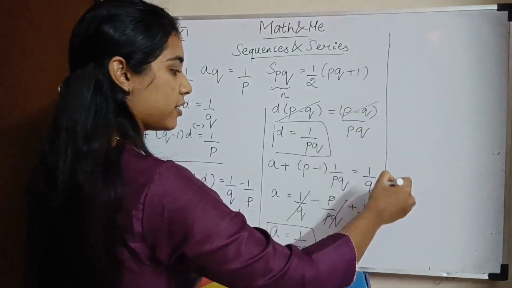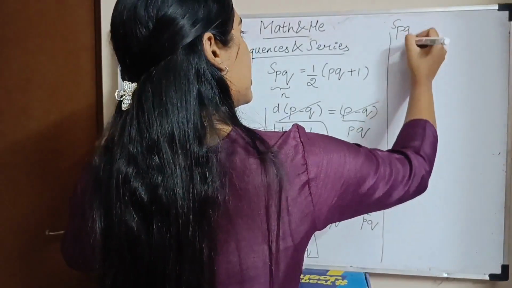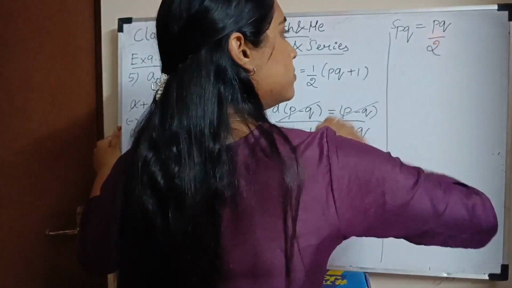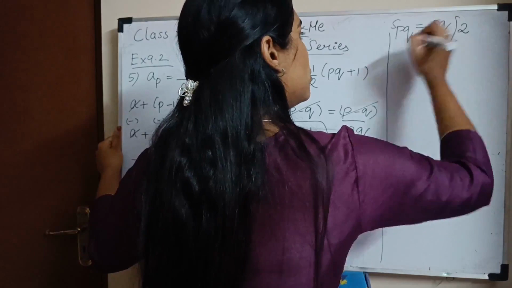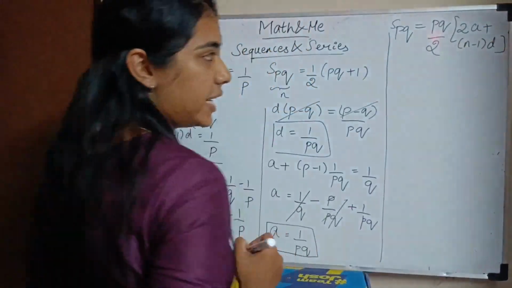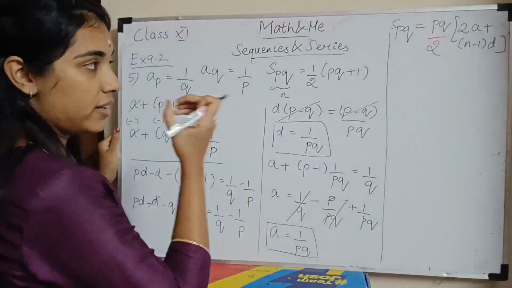Now let me substitute in the sum formula. What is S_pq? n by 2 of (2a plus (n minus 1) times d). I'm going to substitute for a and d.